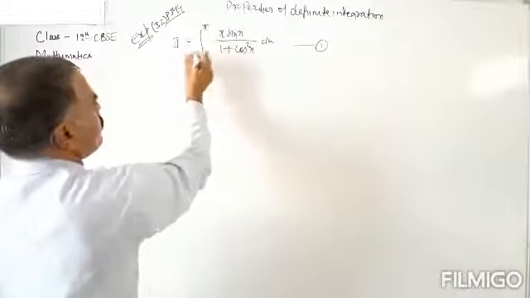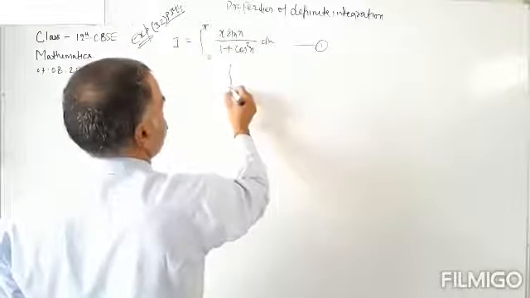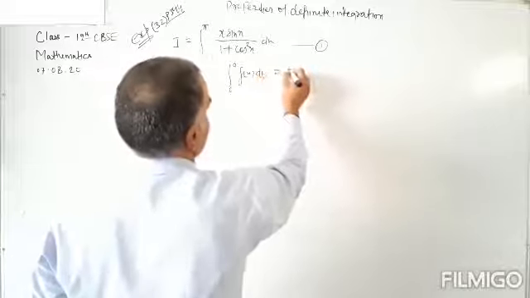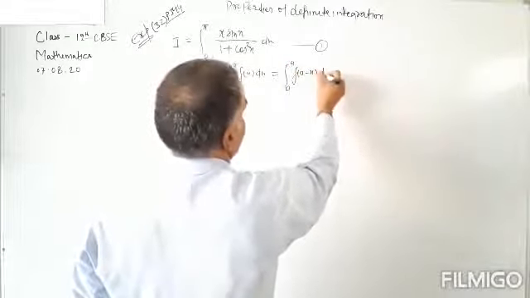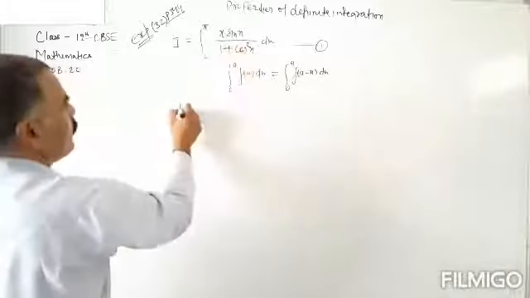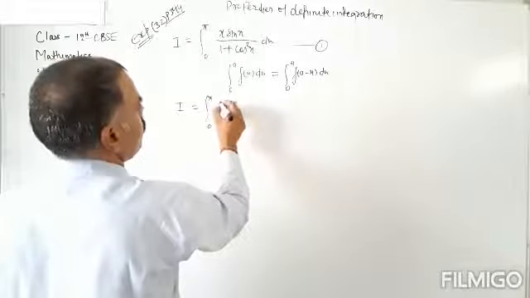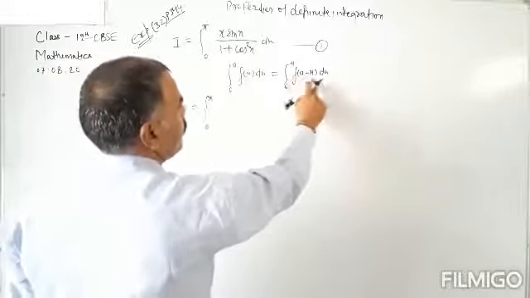Integration I equals to. Now we will use the property 0 to a function x dx is equal to 0 to a function a minus x dx. Okay, so I is equal to 0 to pi. A minus x means variable x will change to a minus x.